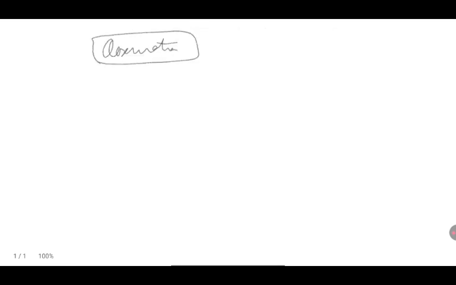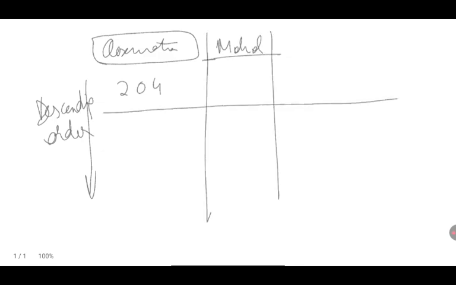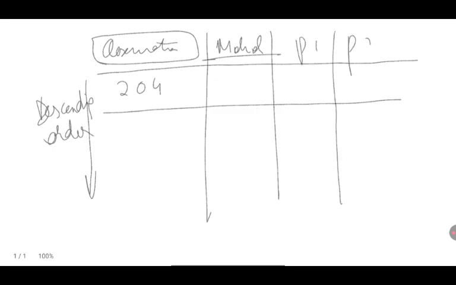Say you had data of 300 respondents, you will have the observation numbers listed down in descending order of their Mahalanobis distance. Then you have Mahalanobis distance, how far they are from the centroid, and then you have the P1 and P2 score.